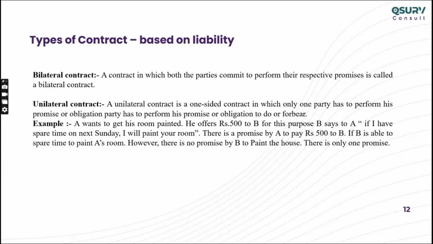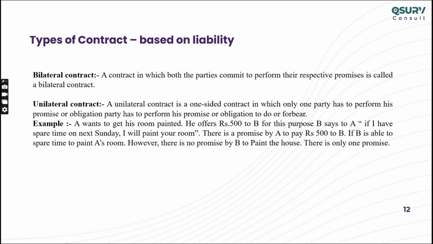That is a legal term. Only when such issues go to legal proceedings, they will use this kind of wording. Sorry, I think I explained it mistakenly. A contract in which both the parties commit to perform the obligations is called a bilateral contract.